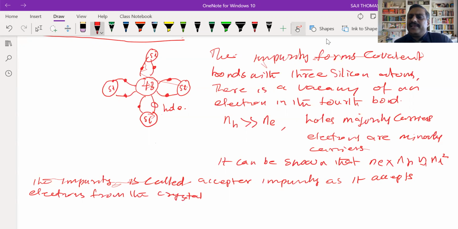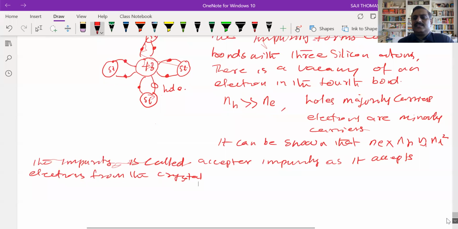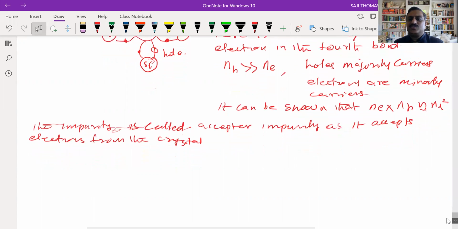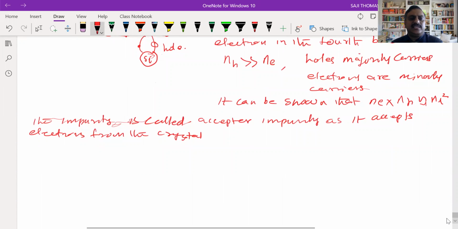The holes form an energy level just above the valence band. The energy of such holes will be a little more than the valence electrons. This energy level is known as the acceptor energy level.